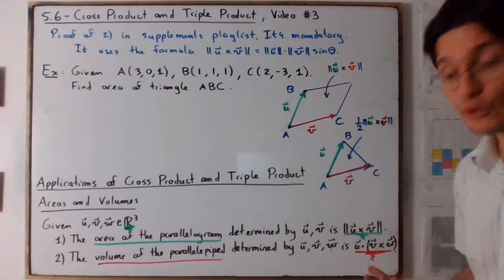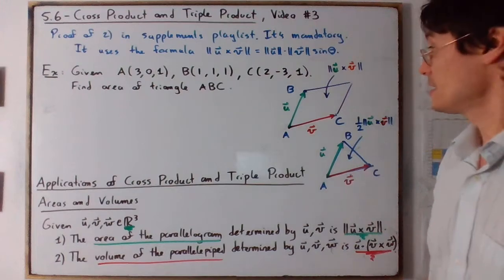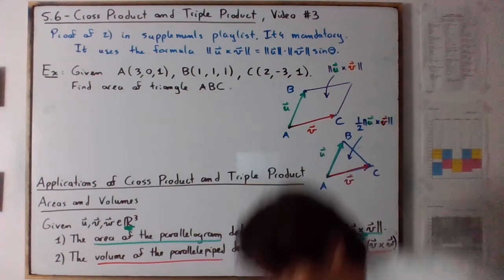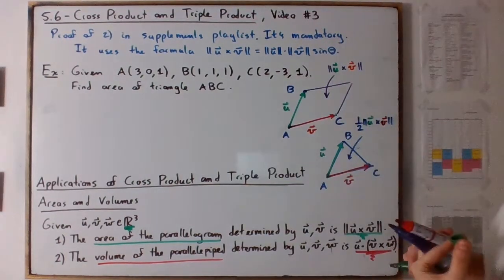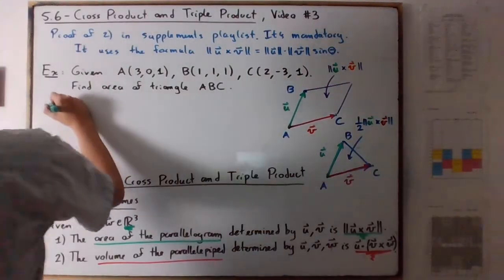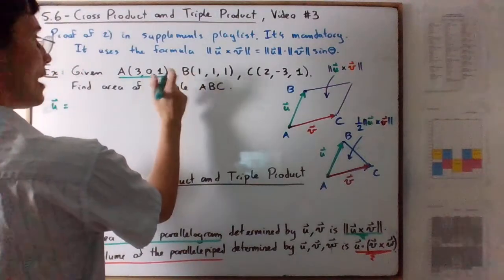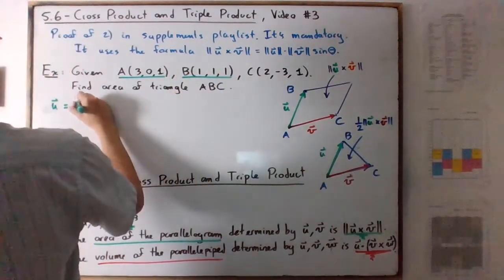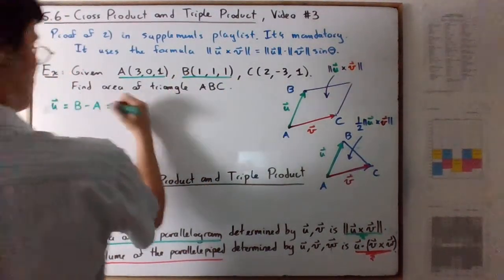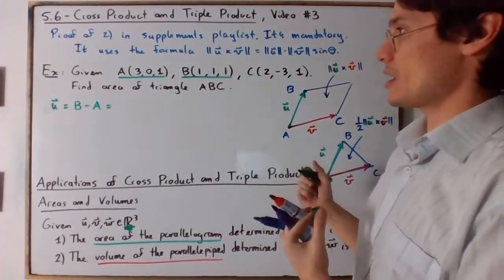So with that in mind, let's get going. The only thing we need to do is to engineer the ingredients. All right, what is the vector U? Well, the vector U is going to be from A to B, so B minus A. So in other words, what do we have?